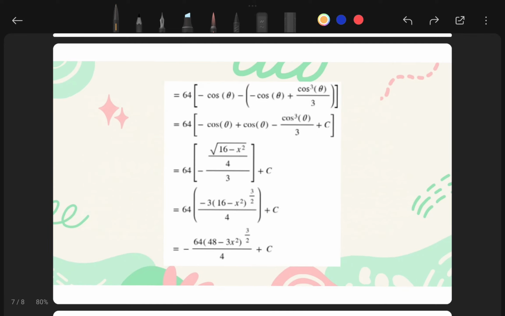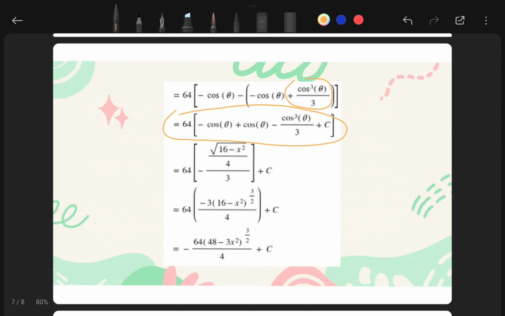In the next step we substitute u back into the equation. It becomes cos cube theta over 3, and then we open the bracket to simplify the equation, and it becomes 64 in brackets of square root of 16 minus x square over 4, over negative 3, plus c.